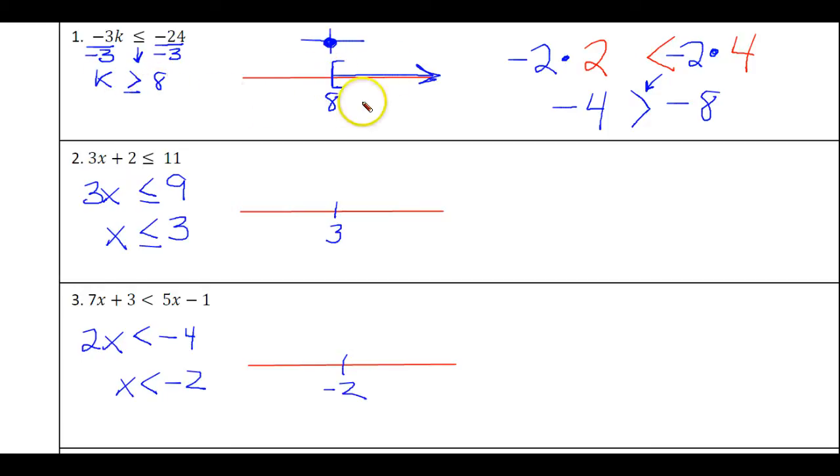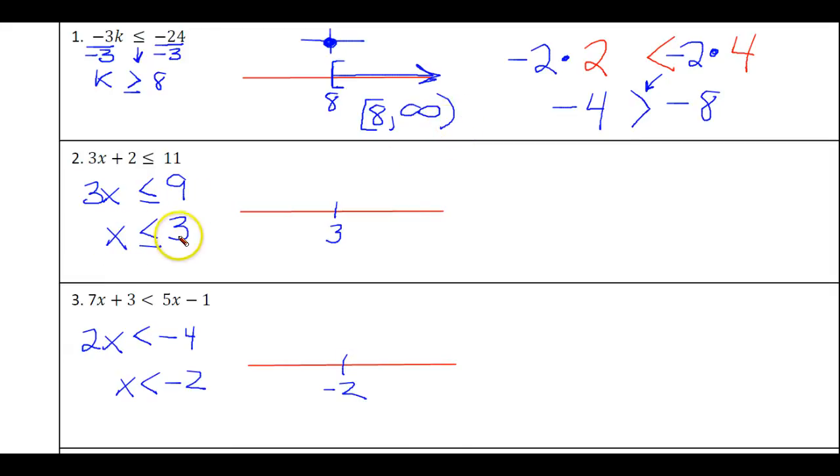Now in interval notation, which we'll be using also, we write a bracket 8. So it's starting at 8, and it's going out here to positive infinity. Infinity always has a parenthesis.